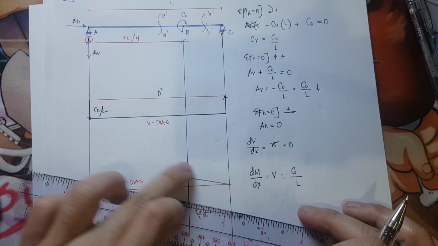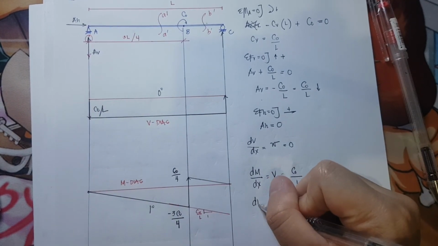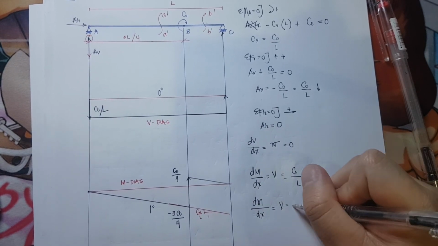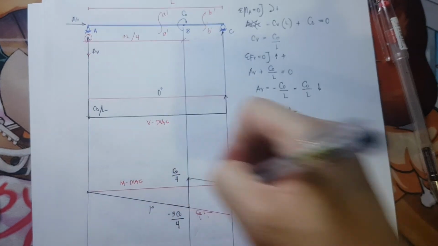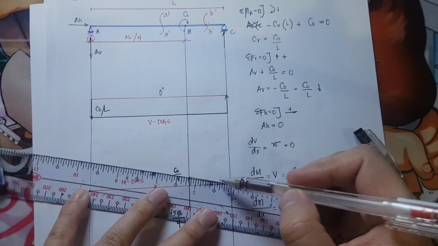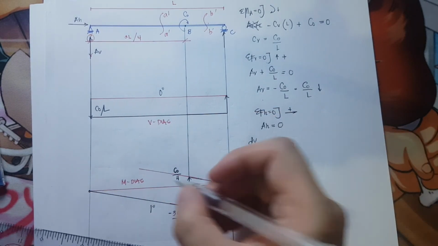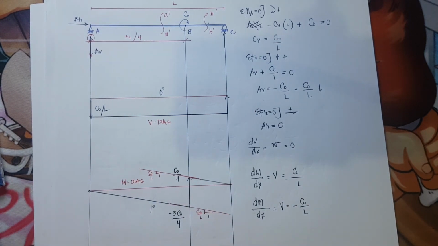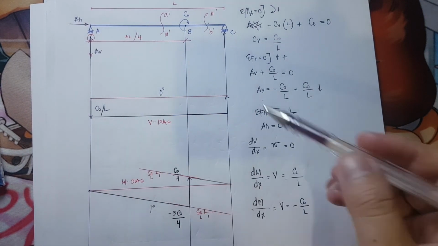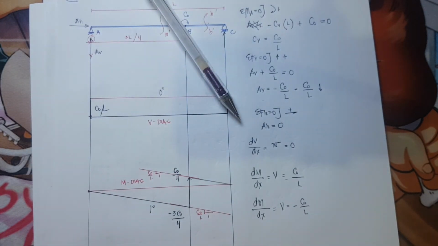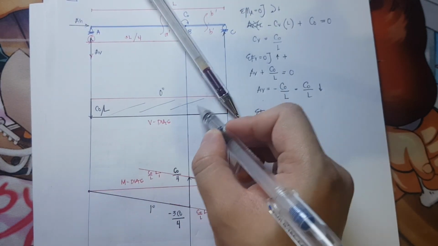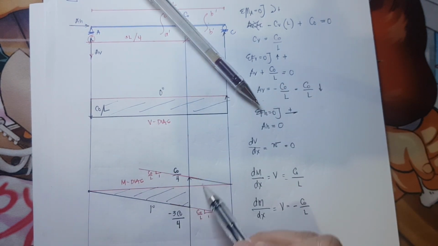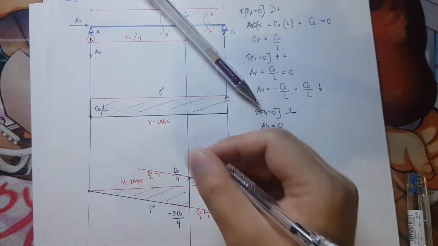Then for this segment, the derivative of moment with respect to x is equivalent to the shear, and that is still negative C of naught over L. It is still pointing downwards. So the slope is still C of naught over L to 1. And this is my shear diagram, negative. This is my moment diagram, first degree.